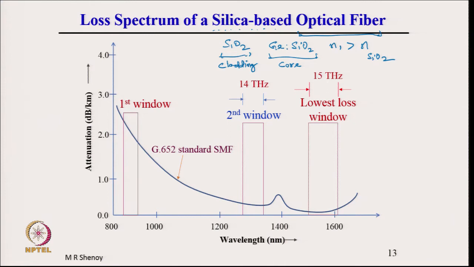Now, the typical loss of silica. What is plotted is the loss spectrum. Spectrum means wavelength versus loss, attenuation in dB per kilometer.